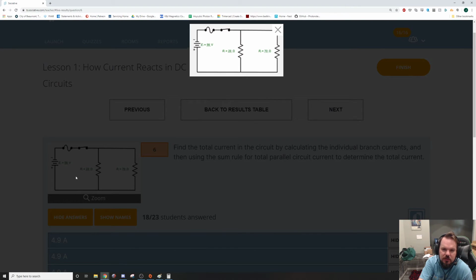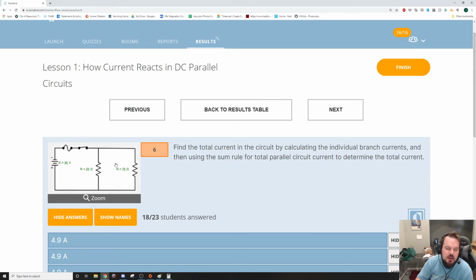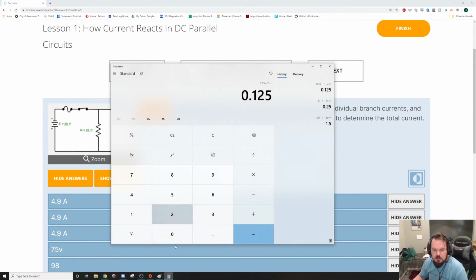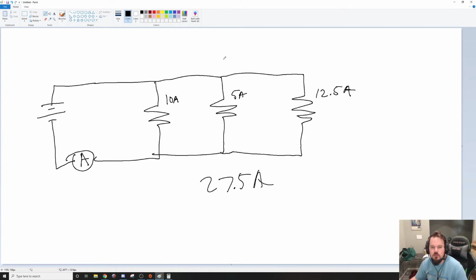Alright, so let's, that didn't zoom in at all. I saw a question that looks like 98 volts to me. Find the total current in the circuit by calculating individual branch currents, and then using the sum rule for parallel circuit current to determine the total current.